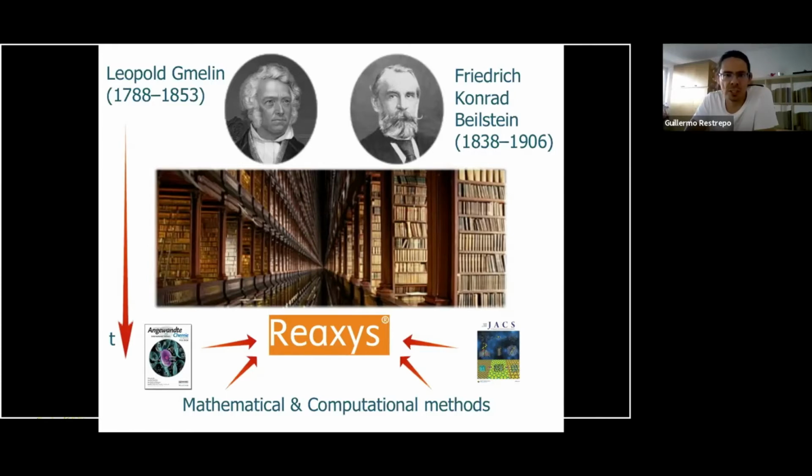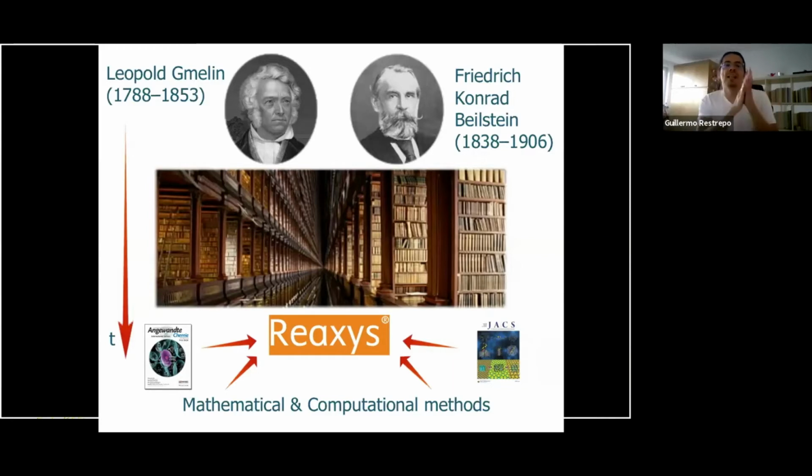And by the end of the 19th century, Beilstein started to do the same, but with a large group of organic molecules. They were collecting chemical information, and when I say chemical information, I mean substances, reactions, properties, reaction conditions, and all that is possible to annotate in a chemical reaction, and how chemists report the results on chemical reactions and on studies of the properties of substances.